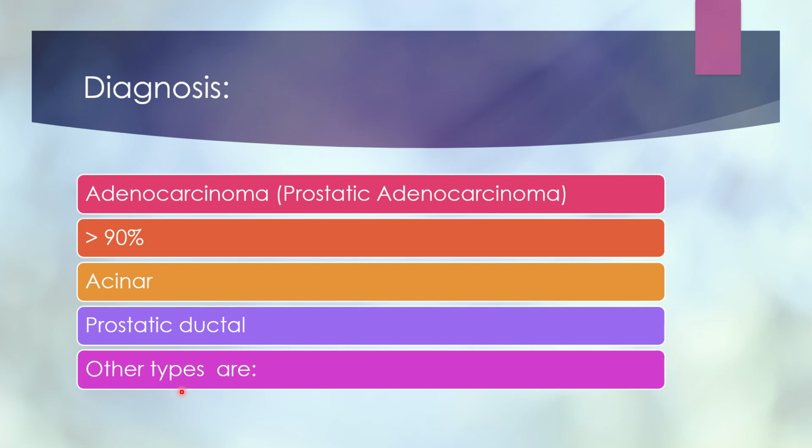Then the other type could be neuroendocrine tumors, like small cell carcinoma. So it's good we have been able to look at this so that we get the entire picture of why diagnosing prostate cancer seems to be a little bit cumbersome.